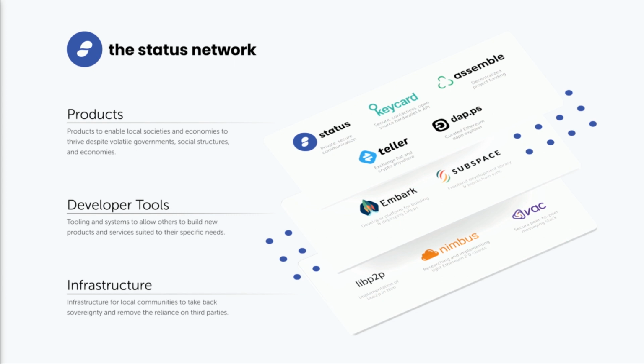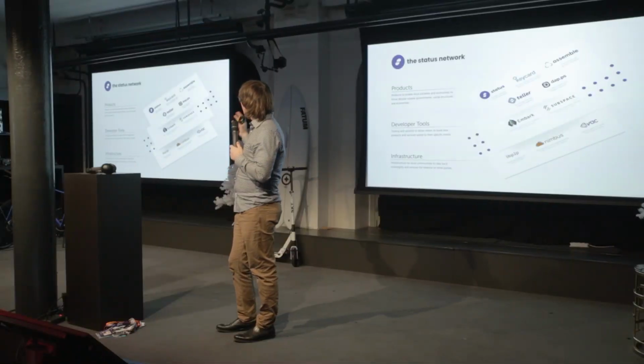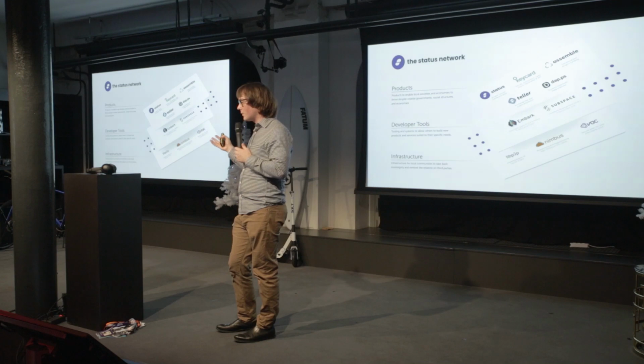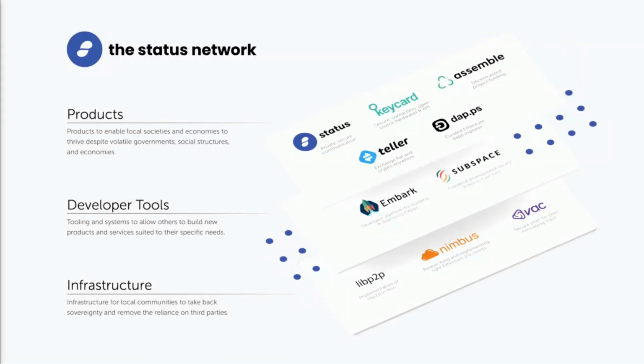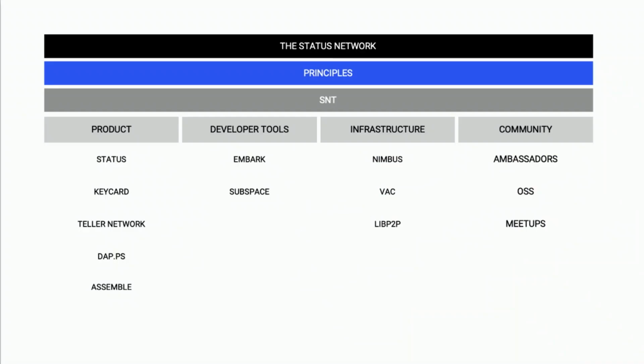The Terra network is a peer-to-peer fiat to crypto exchange. And dApps is a directory of dApps that is curated by the community by burning tokens. That's basically all the different projects that are worked on by the Status network.